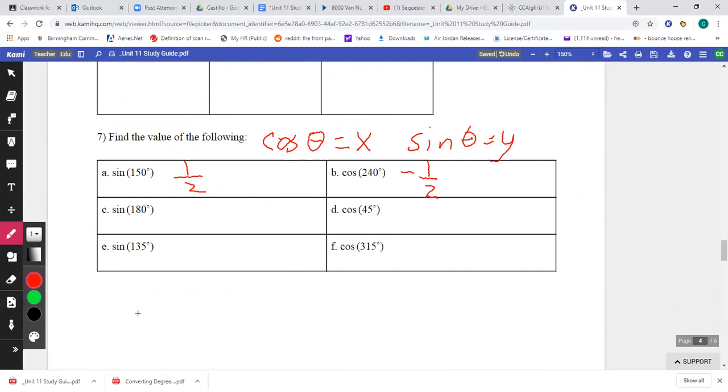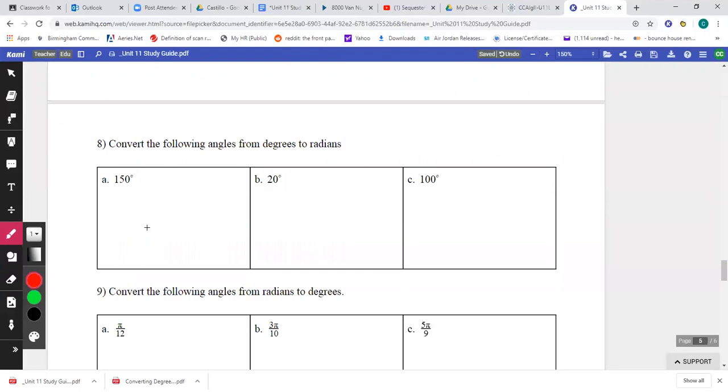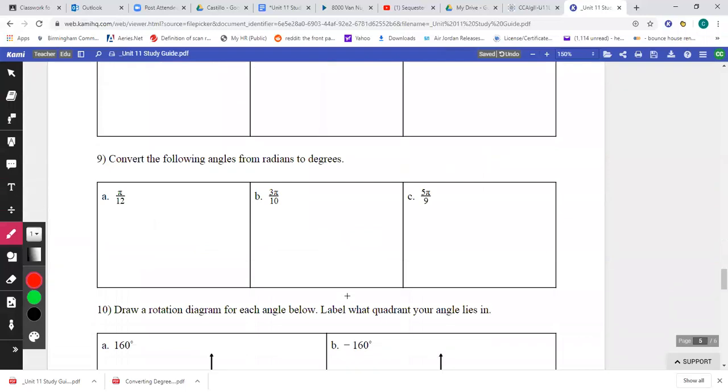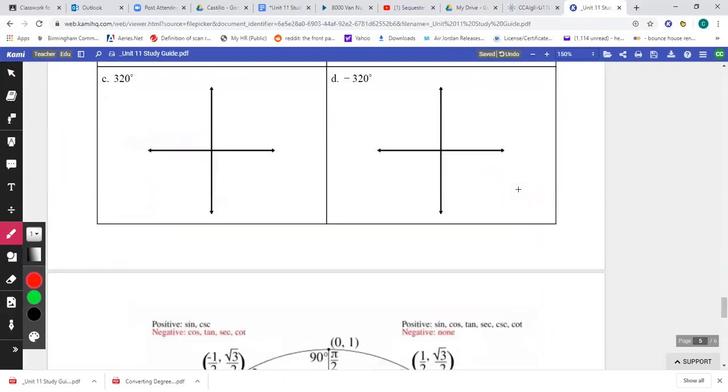Once again, you go to your unit circle, you find 180 degrees. You're looking for sine. Sine is the y value, and that is 0. And then last one we'll do on here, cosine of 45. Cosine is x. So you go to your unit circle, you find 45 degrees. You see a coordinate point here, but you're going to pick the x value. And then so it's √2/2.